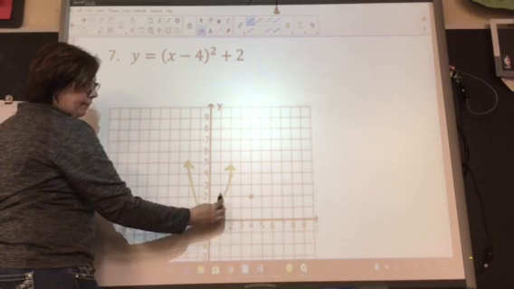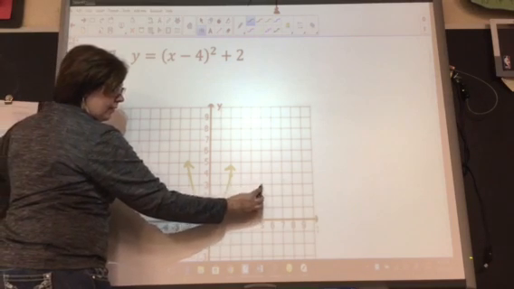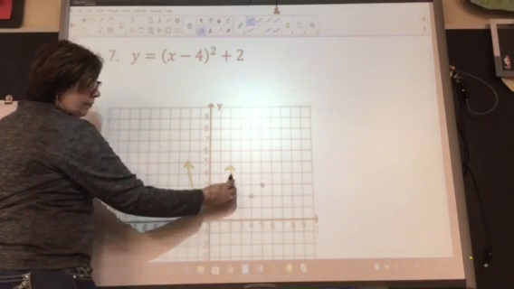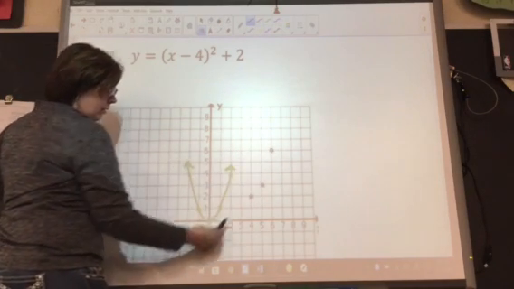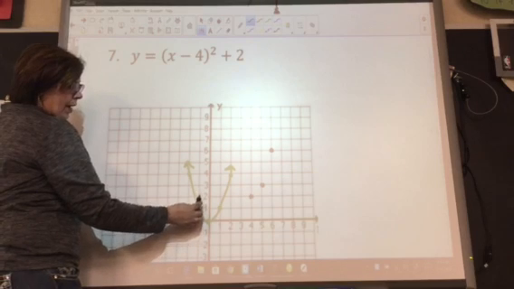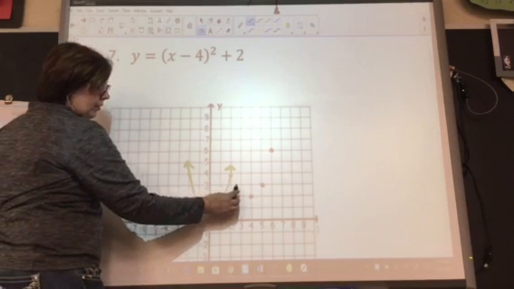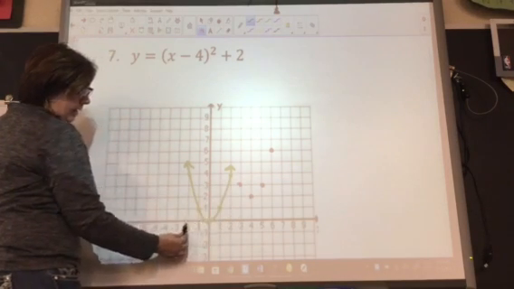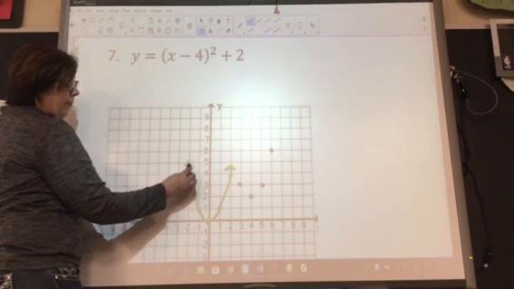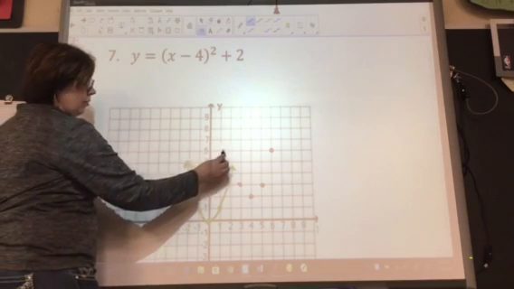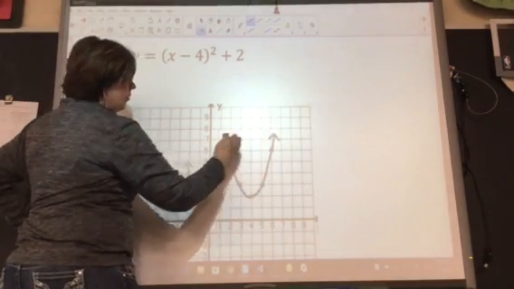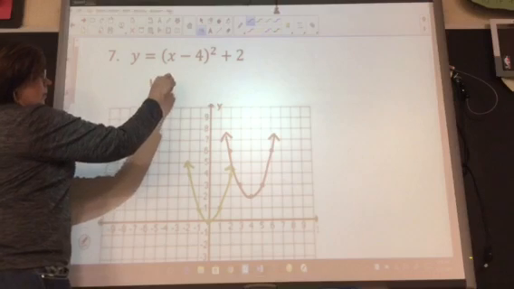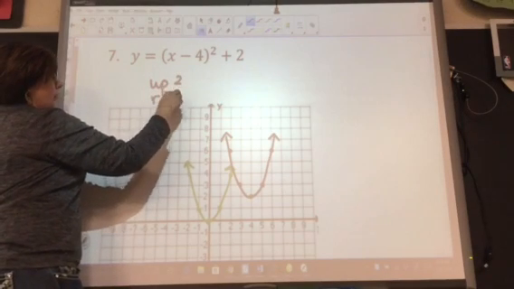The same goes for 1, 1, 2, 4, -1, 1, and -2, 4: each goes up 2 units and to the right 4. And this becomes your new function. So up 2, right 4.